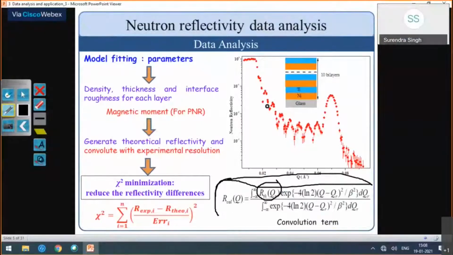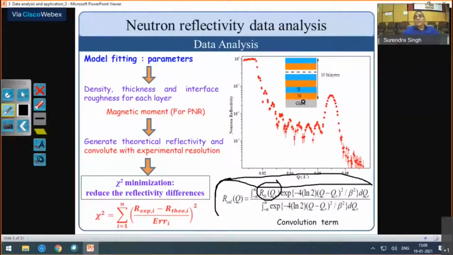We can say these are our results, though any model fitting won't solve the problem uniquely, it will give you one solution. And from other techniques, because you have grown these films, you can cross-check.